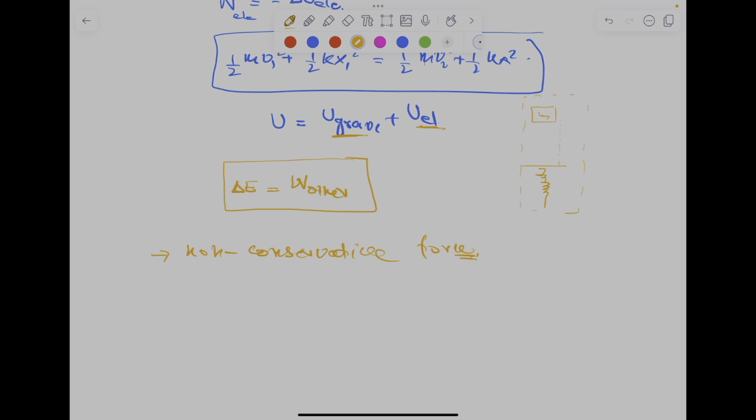so when we have a non-conservative force, non-conservative forces do not store any potential energy.